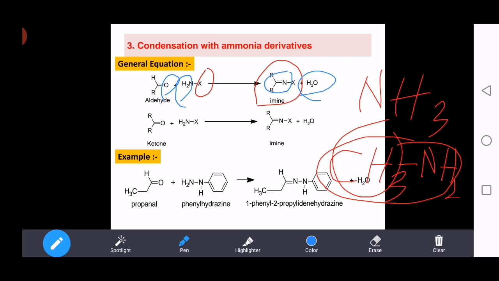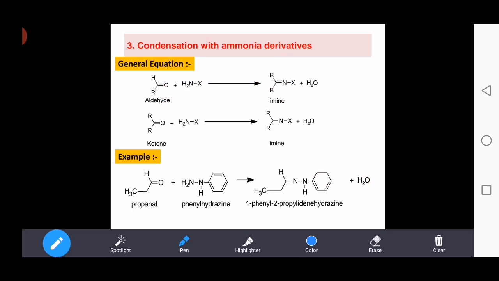Okay, so actually untuk condensation with ammonia derivative ni dia sama macam you punya eksperimen. Ingat lagi eksperimen aldehyde and ketone which is about Brady test. So kita guna Brady reagent tu. Brady test ni untuk apa? Kita guna Brady reagent tu untuk identify sama ada kita punya compound, kita punya solution ada carbonyl group ataupun tidak.